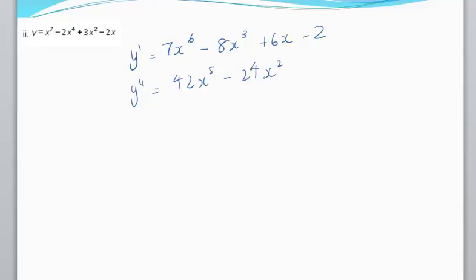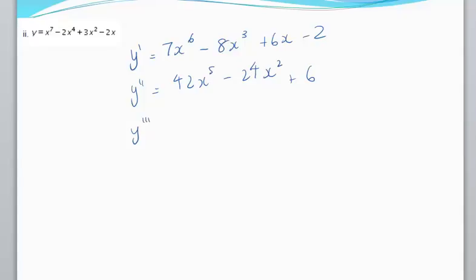So we have another example here, and again we're taking the first 4 derivatives. Here we're going to use different notation, so we end up with 7x to the power of 6 minus 8x to the power of 3 plus 6x minus 2. Our second derivative, 42x to the power of 5 minus 24x squared plus 6.